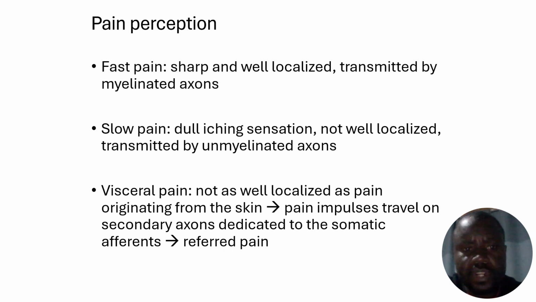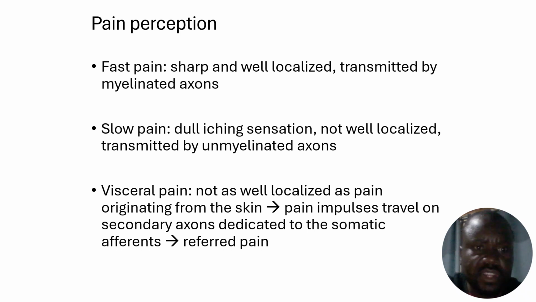We are going to look later at how pain signals are generated from tissue injury, and what the chemical mediators are that help in generating pain action potentials, pain impulses.